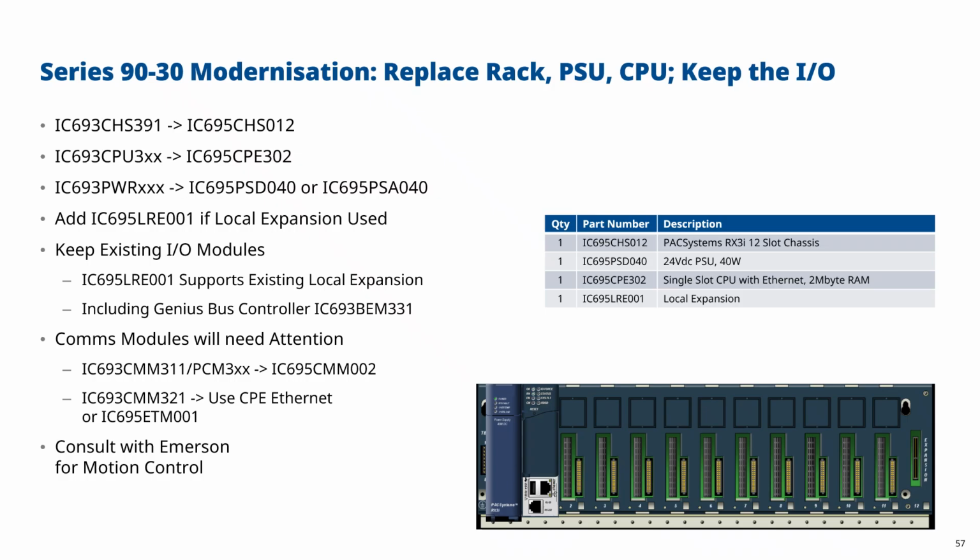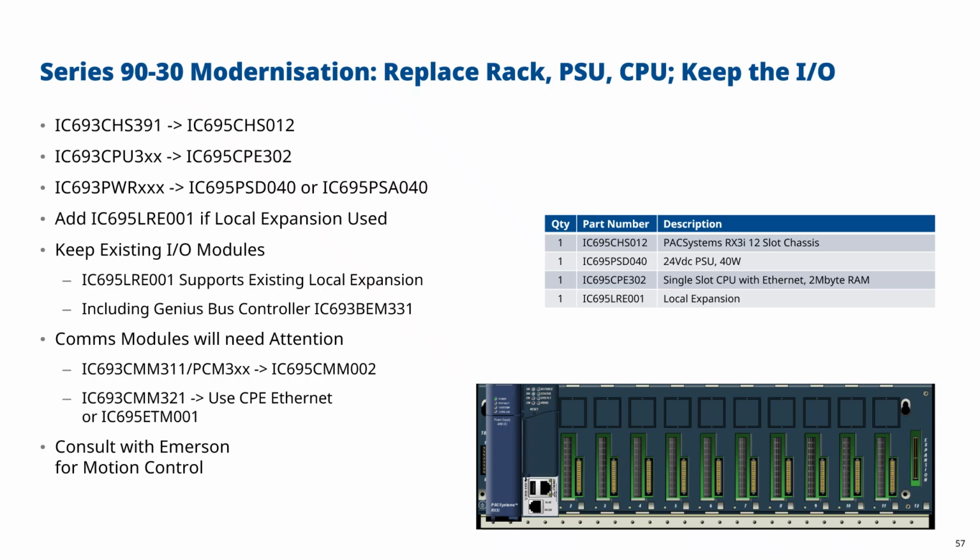And one of the things that de-risks it is, because you've not disturbed the field wiring, if there's any issues during the upgrade, you can just put the original components back in and you're back to where you started. So of course you'll have lost a little bit of time, but it means the risk is very low and you can modernize in just a few hours. It doesn't take days or weeks, which is what it might take if you start disturbing field wiring. Instead, you're down into hours with very low risk because you've got a great fallback position.